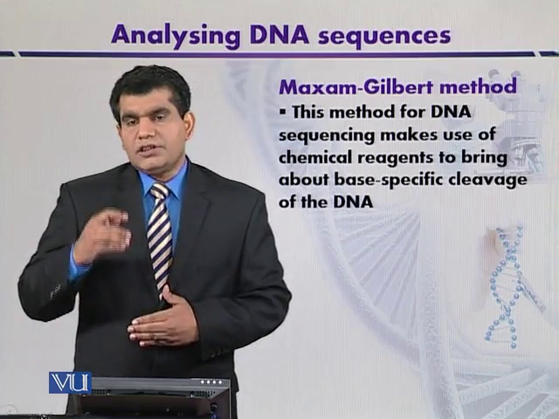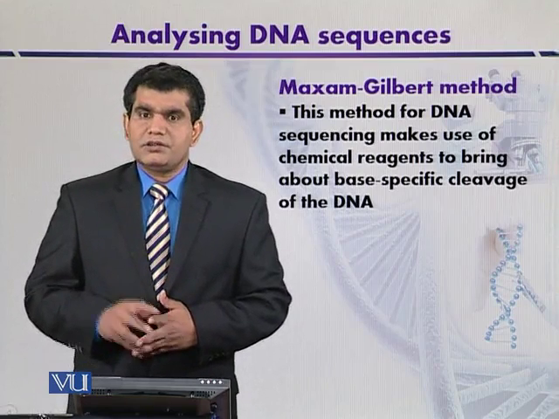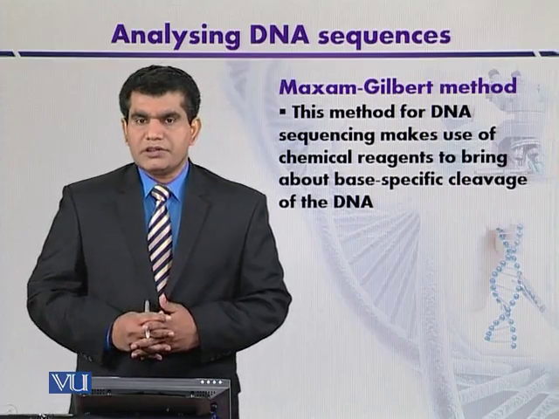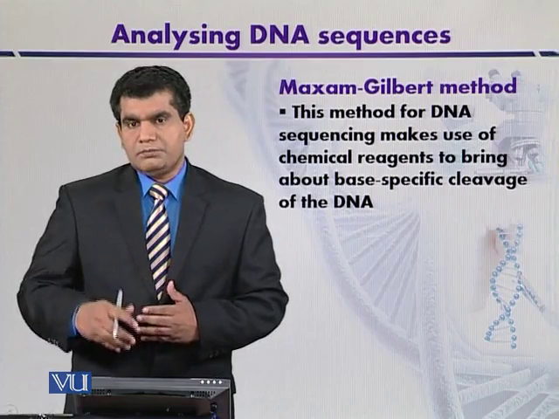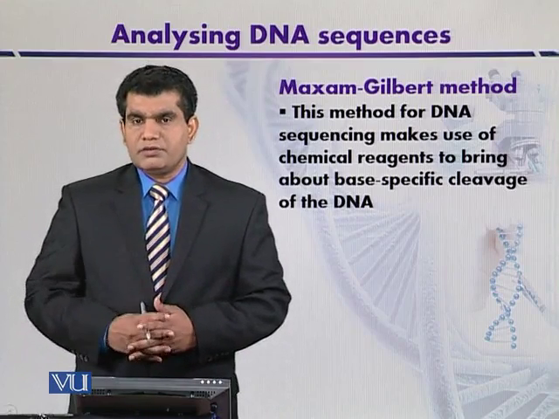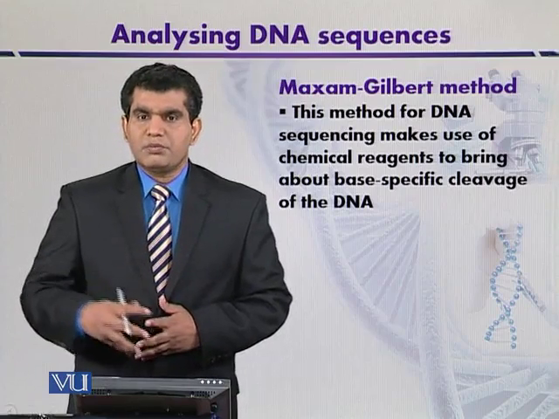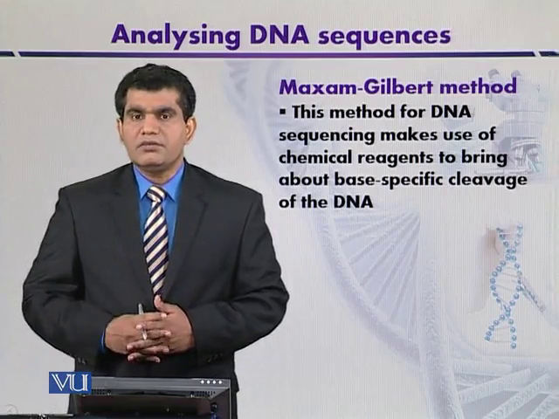The target DNA fragments are first labeled with radioactive material, end-labeled, like phosphorus-32, a radioisotope of phosphate that can be used for end-labeling of DNA fragments.